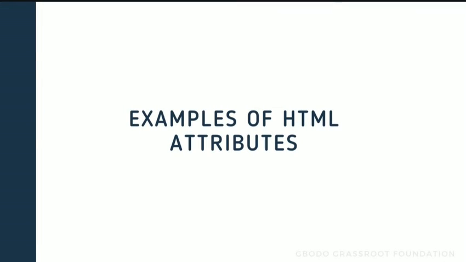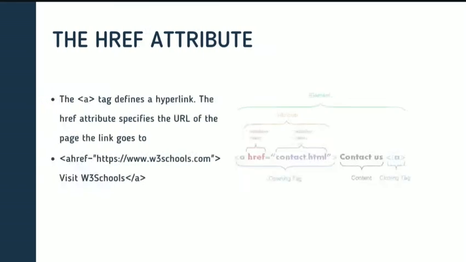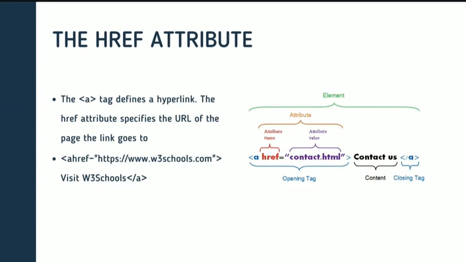So let's take a look at some examples of HTML attributes. Firstly, we have the href attribute, and the href attribute is always used in the anchor tag, and the anchor tag defines a hyperlink, and the href attribute specifies the URL of the page the link goes to. Let's take a look at the example on the right here.